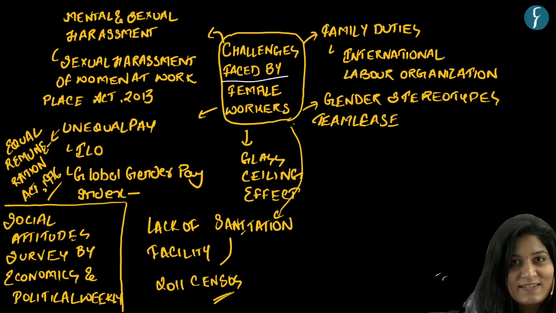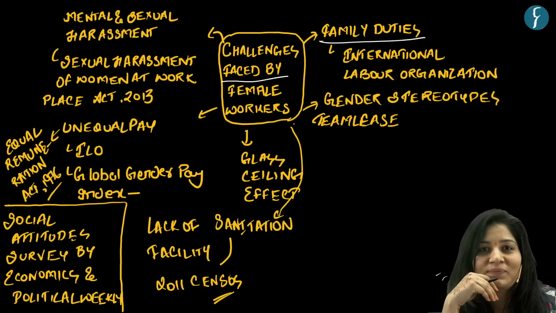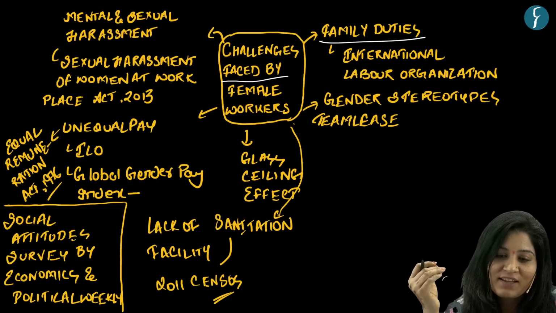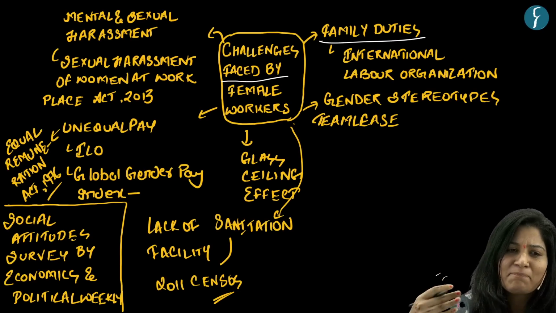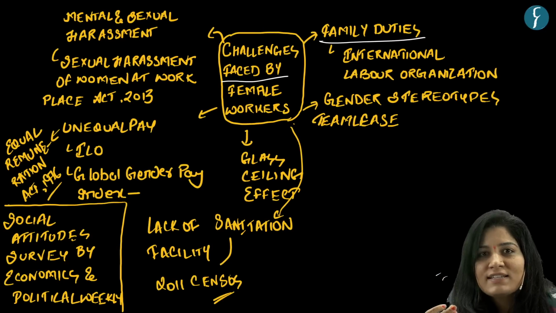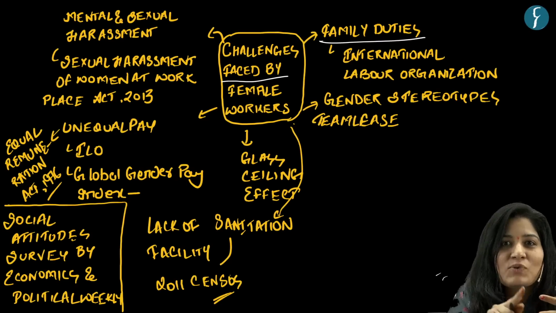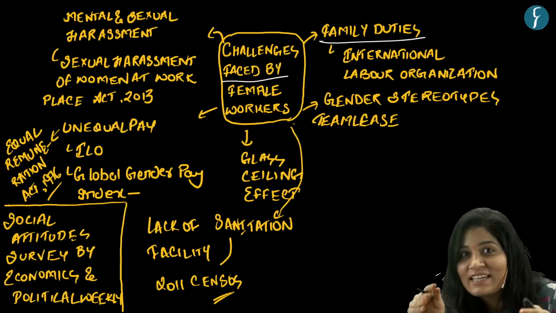The first in this is family duties. Now, how is this a challenge? Because of patriarchal thinking or patriarchal conditioning, people tend to believe that the traditional role of women is to take care of husband and children, and to do household work, especially kitchen work.